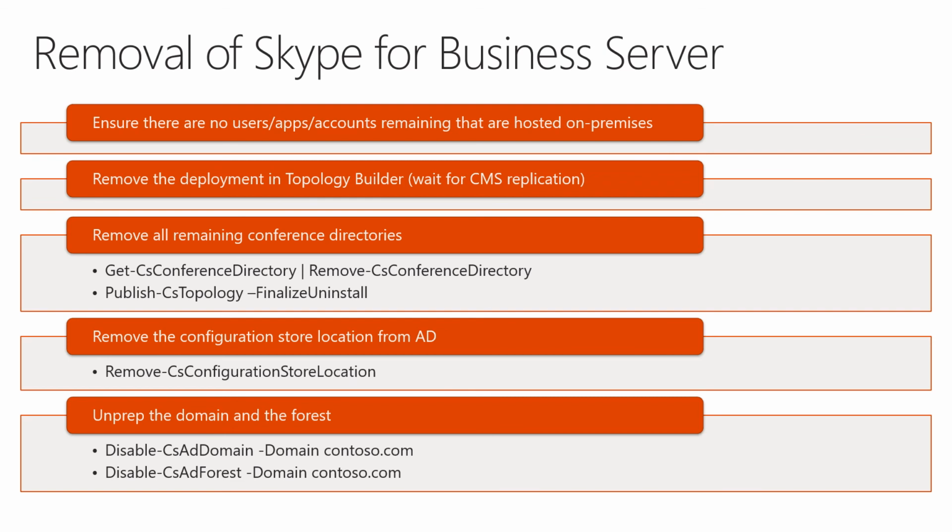Once we've done that Publish-CsTopology with the FinalizeUninstall, we can remove the config store location from AD using Remove-CsConfigurationStoreLocation, and then we can unprep the domain and unprep the forest. Now, you don't have to use the -Domain parameters unless you're in a multi-domain environment, right? Just running Disable-CsAdDomain or Disable-CsAdForest will run it in the current context of the domain that it's being run in.